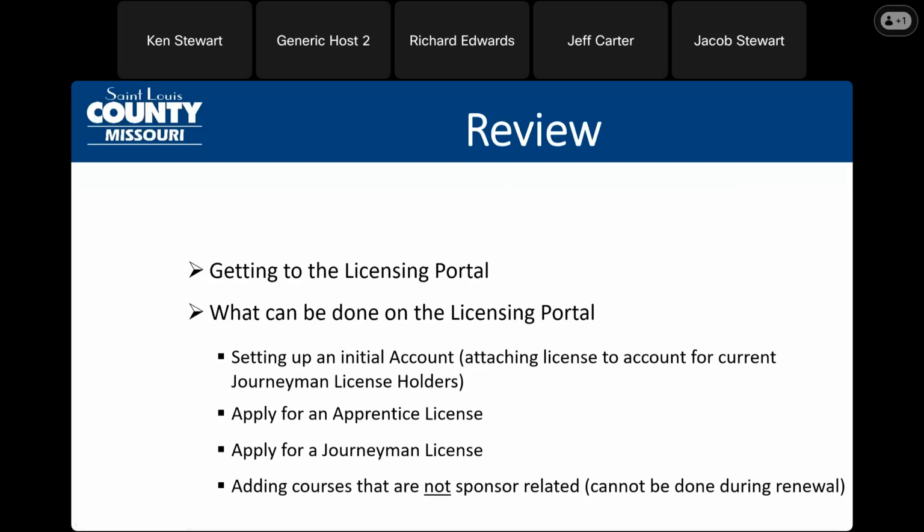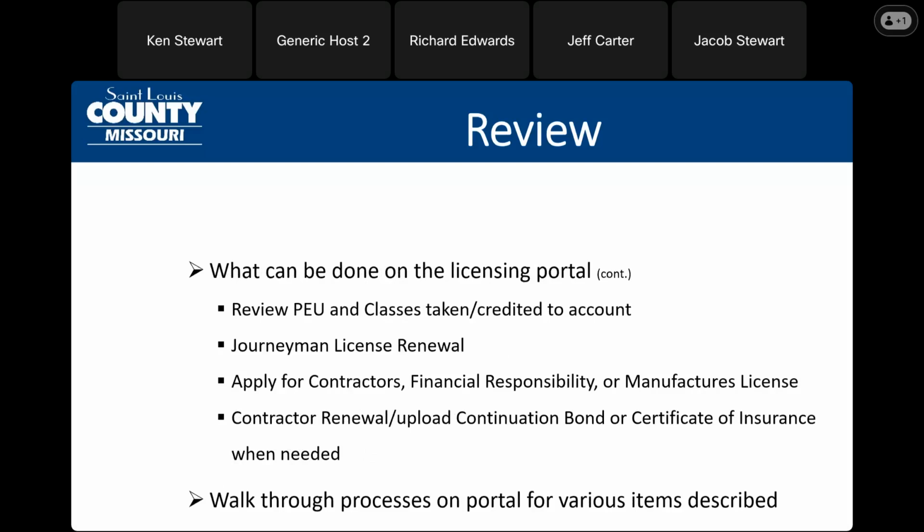We added a non-sponsored course. We reviewed our PUs and the classes that we took. We did the journeyman license renewal. We applied for a contractor's license, went through that, and we renewed it.